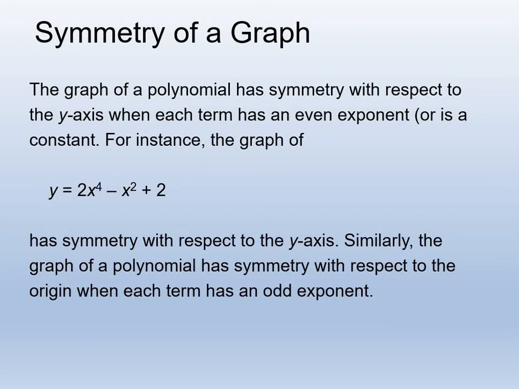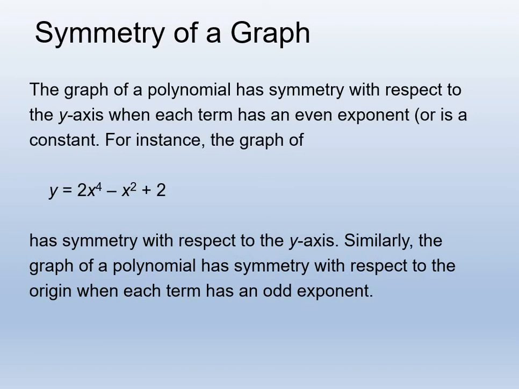So I know it's symmetric to the y-axis. Now, since I know that it doesn't give me the opposite x back, I know that I'm not going to get the origin piece. But just to check, if I substitute in a negative y here, I do not get the same equation back. So it is not symmetrical to the x-axis, therefore it's not going to be symmetrical to the origin either. So this is only symmetrical to the y-axis.